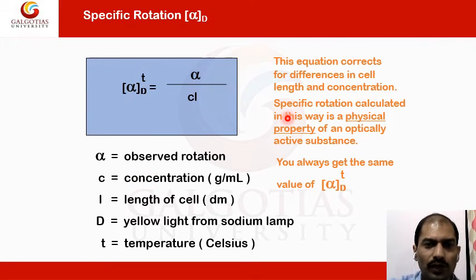This equation corrects for differences in cell length and concentration. The specific rotation calculated this way is a physical property of an optically active substance, and you always get the same value of alpha D t.